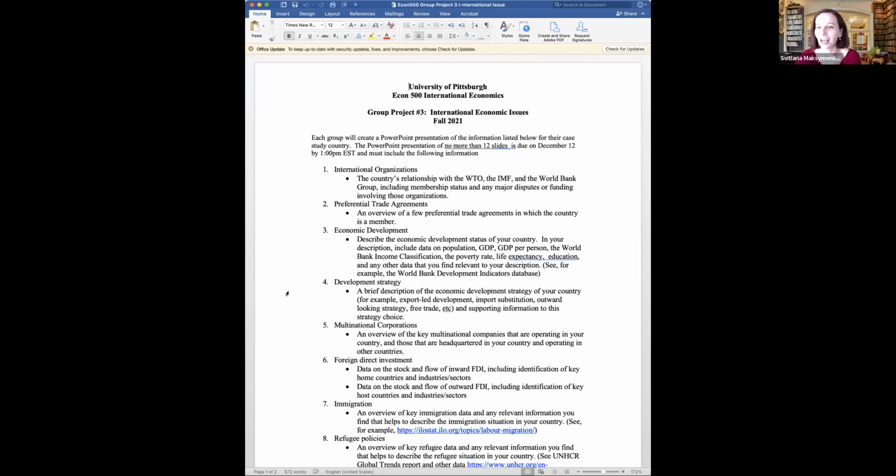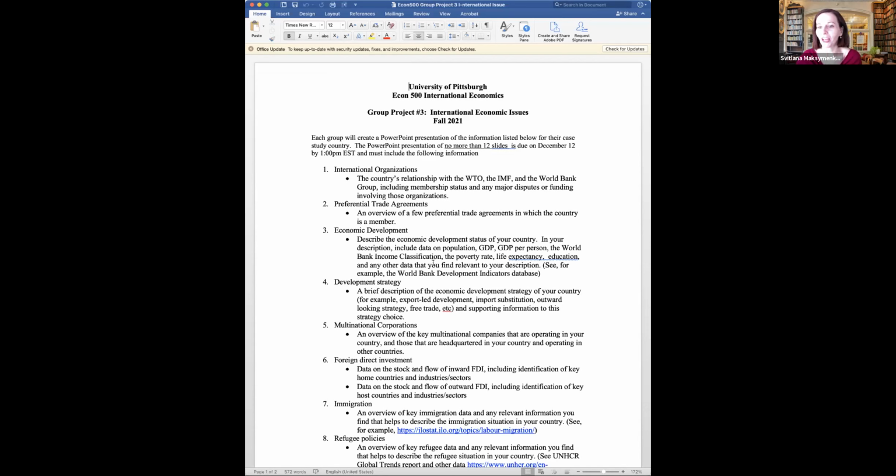It's not required, but almost every year I have multiple teams that are interested in presenting their information about their country's international economic issues to their peers. Usually as part of this last report, students are asked to find out information about the membership of their country in international organizations and preferential trade arrangements.